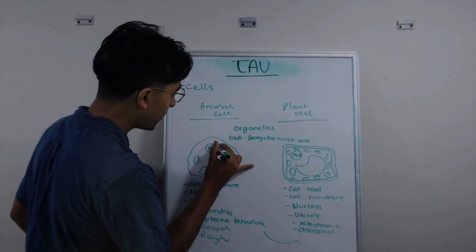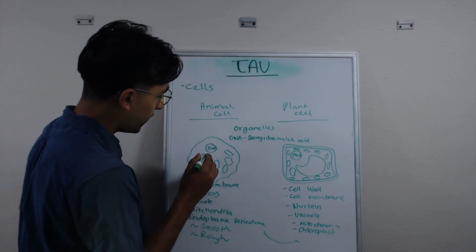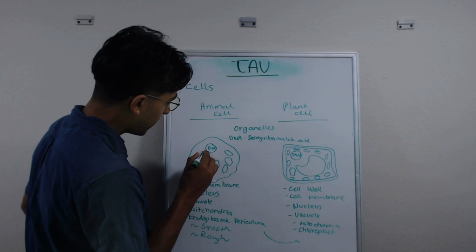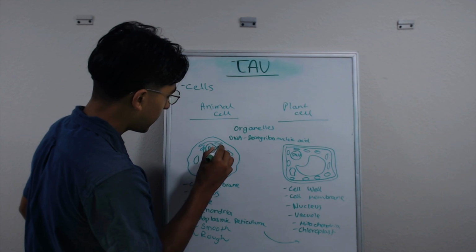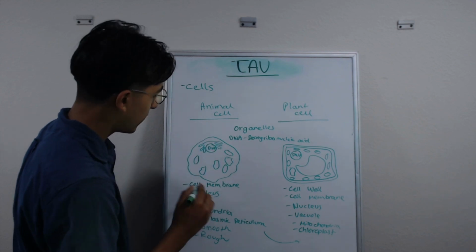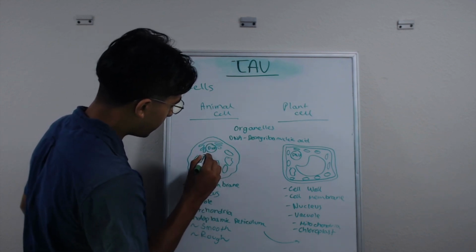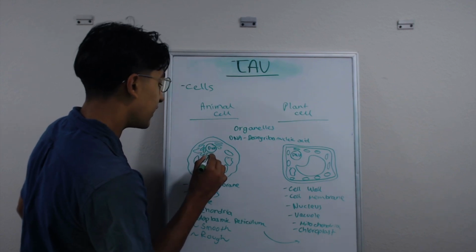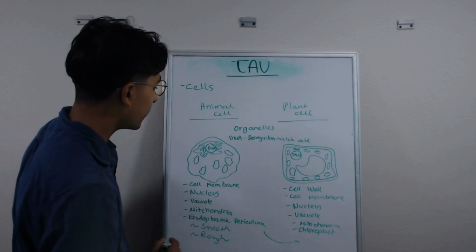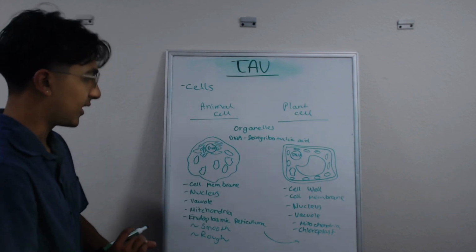So surrounding the nucleus, right, you have something that looks kind of like this, alright? Then you also have some more of these weird looking things, which are the endoplasmic reticulum.